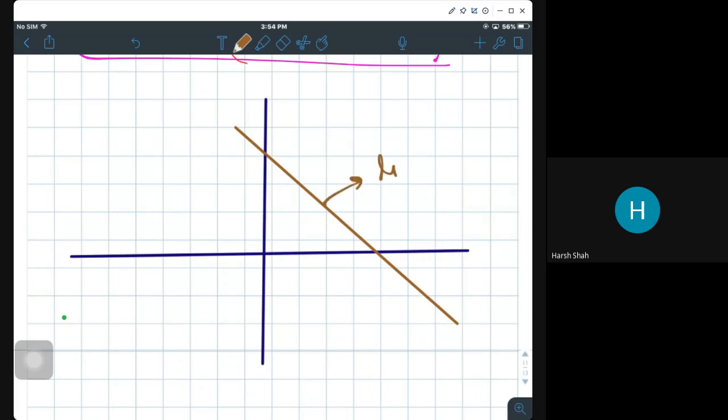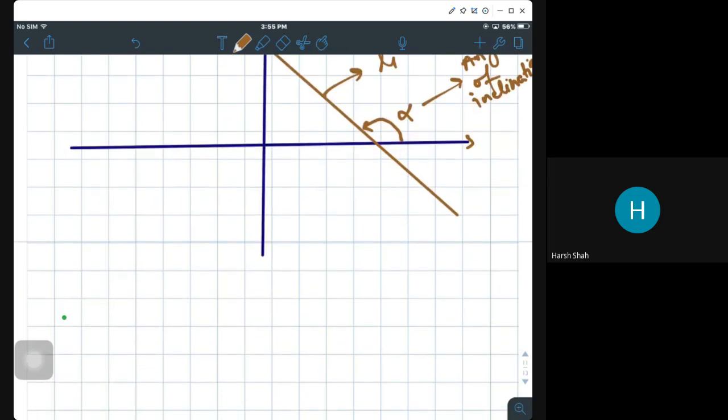This L1 is making an anti-clockwise angle with the x-axis. I'll name it alpha. This alpha is known as the angle of inclination. Now, slope is defined on the angle of inclination.